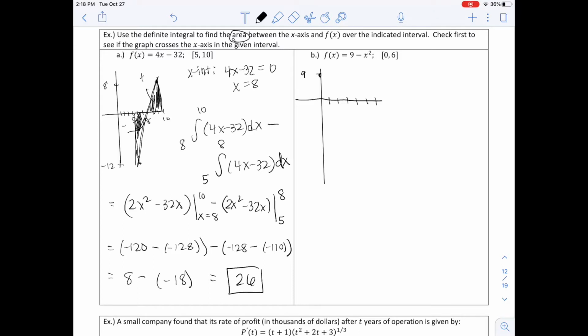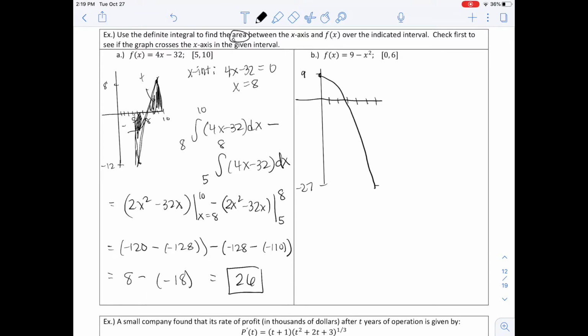This is a parabola. And we have, when you substitute in 6, you have 9 minus 6 squared, which works out to be negative 27. And again, you can definitely make a t-table and draw this a little bit more accurately than what I am doing here. But if you draw your parabola, it should look something like this.